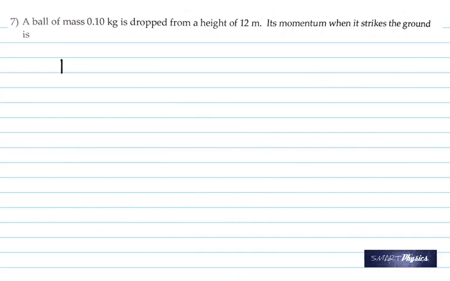We do not have the velocity when it's at a height, but we do know that the potential energy at the top becomes exactly equal to the kinetic energy just before it strikes the ground. So we can use the energy conservation principle to find the velocity and then use that velocity to find the momentum. So potential energy at the top is equal to kinetic energy at the bottom.